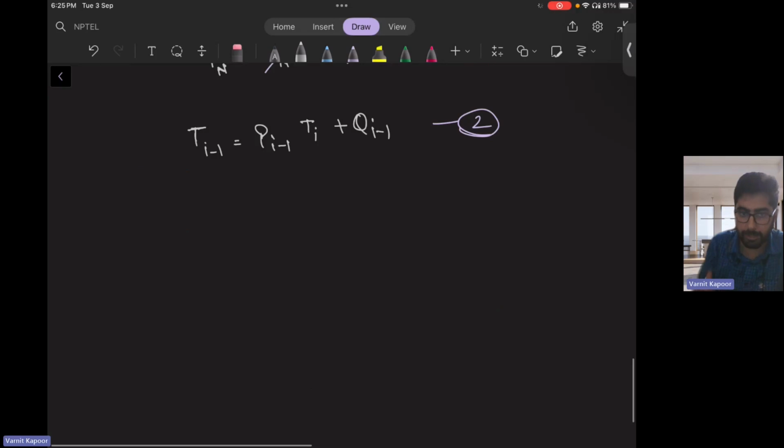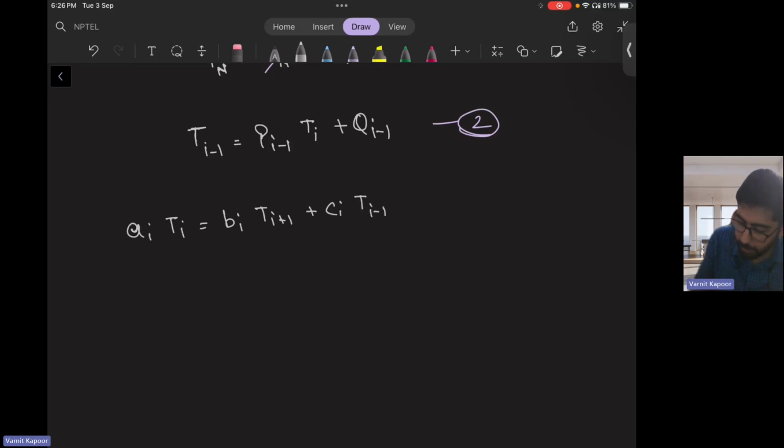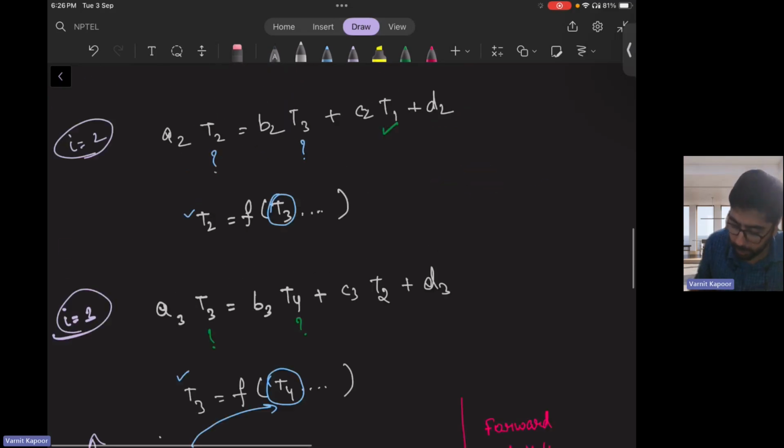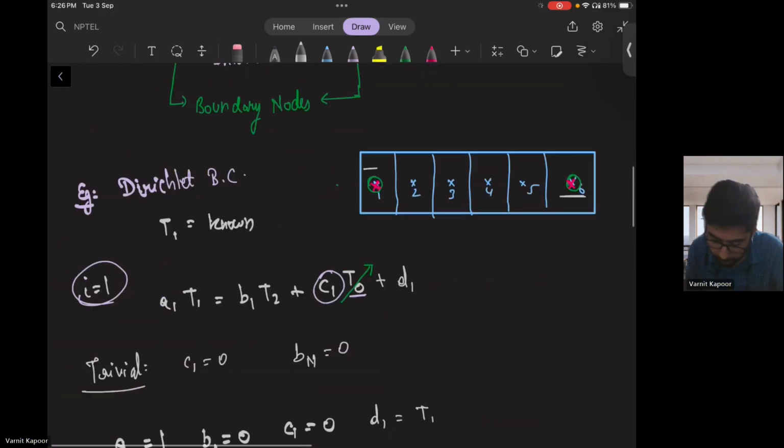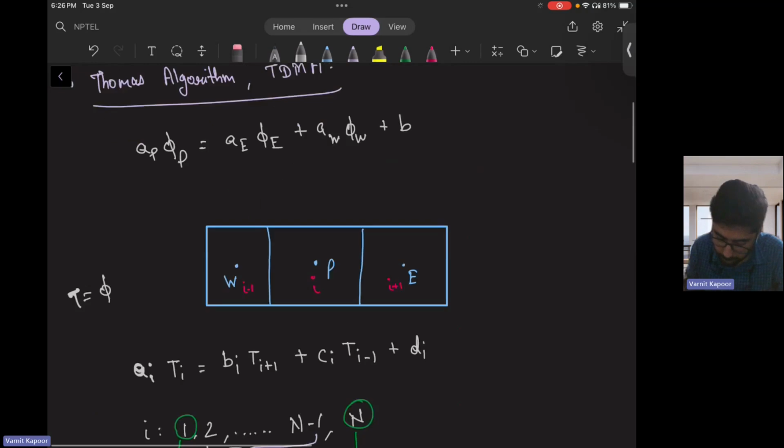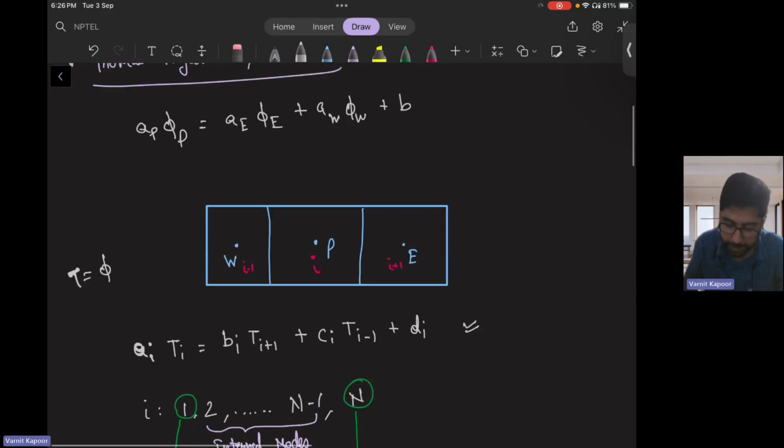Your equation for i is nothing but A of i times T of i is equal to B of i times T of i plus 1 plus C of i times T of i minus 1 plus D of i. This was the equation which we have done already. This equation I have only written again.